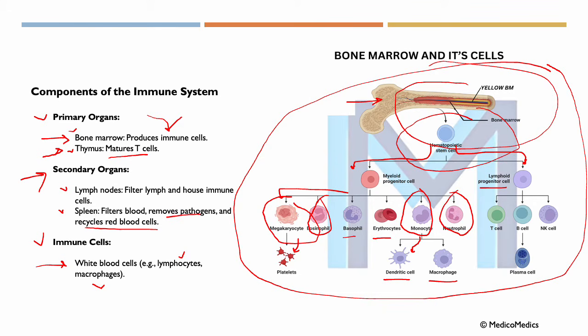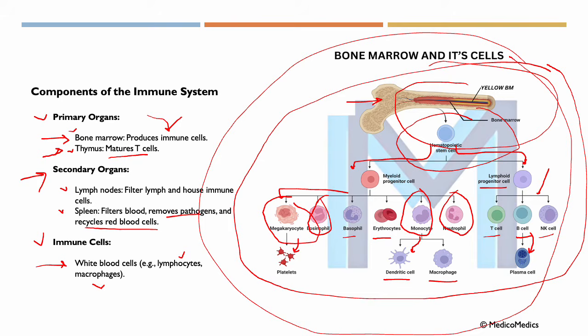But in the lymphoid progenitor cell lineage, we get the T cell, the B cell, and the natural killer cell. And the B cell also has these plasma cells. Now, in the course on hematology, this map here will become the main object of study. However, right now, just orientate yourself with it.